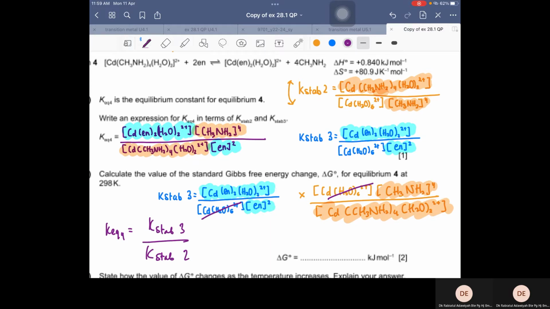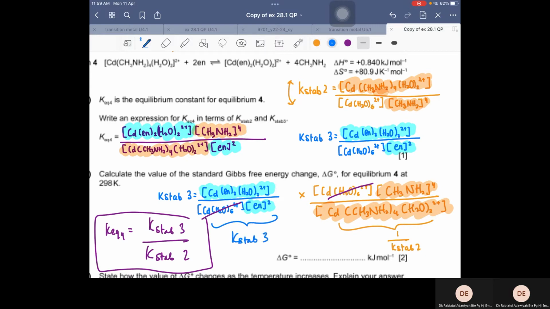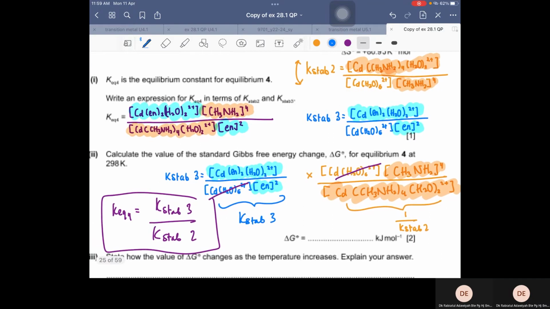So that's writing down the expression in terms of that. They don't really want the whole formula written down. They want you to substitute K step 2 and K step 3. So this is 1 over K step 2, and this is K step 3. Can you see? Do you want me to zoom in again?